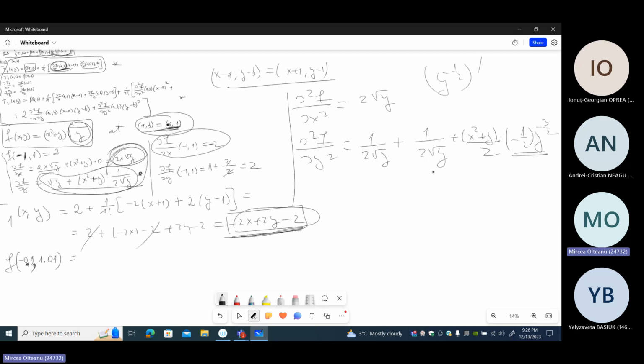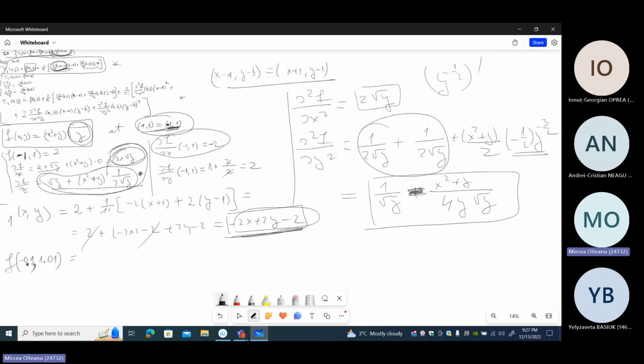It is this one. Okay, we get here 1 over square root of y, these two, plus (x squared plus y) times minus 1 over 4 times y to the power 3 over 2, or if you want to write it, y square root of y. This is the second order.